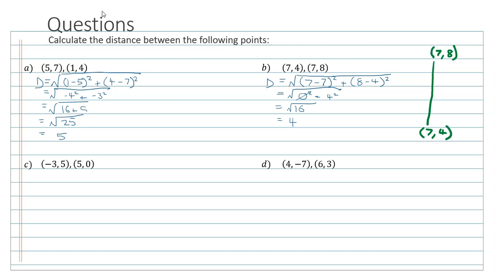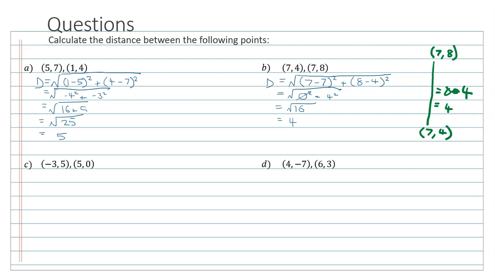If it's a straight line, you can just look at it and say y2 minus y1 would simply be 8 minus 4, a length of 4. Or you could look at it and say, oh, the x values are the same or the y values are the same, and just take the difference, and that would be our answer. Or you could plug it into this formula, and this would be the long route to get to the answer.